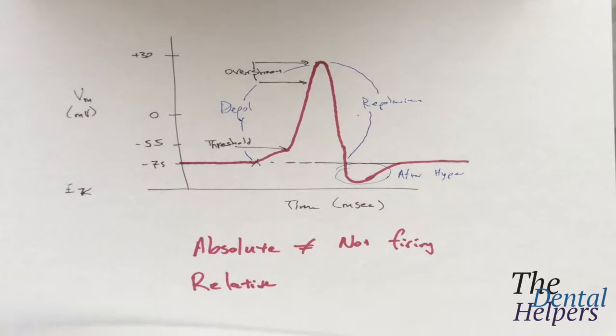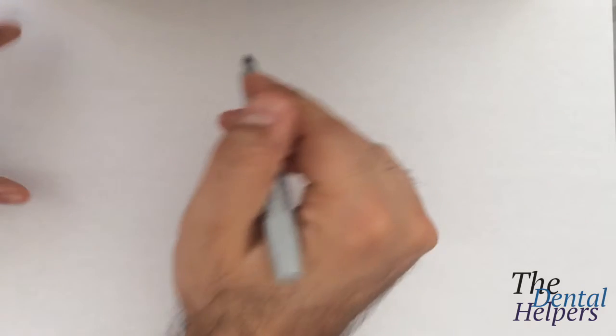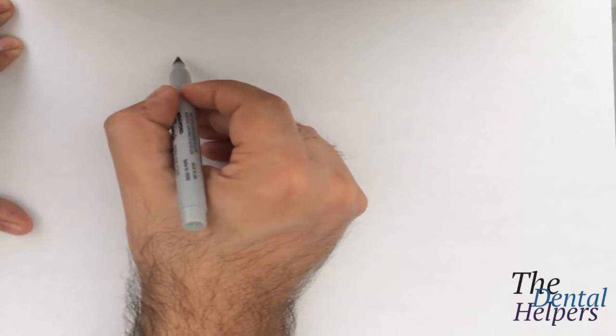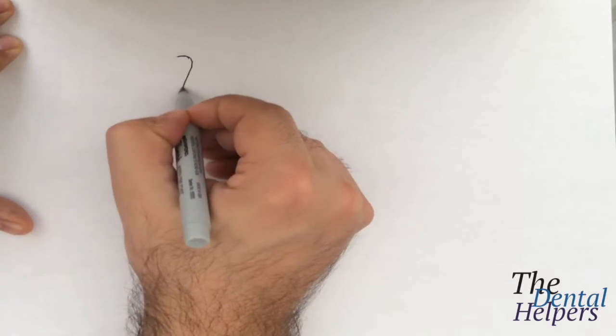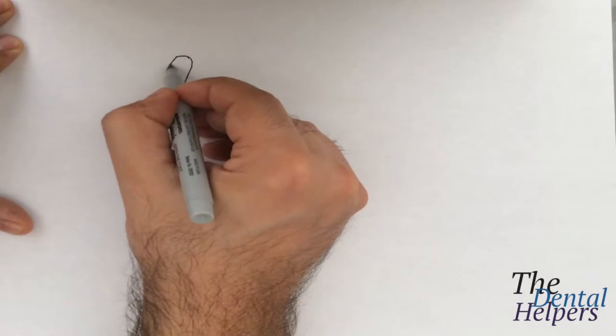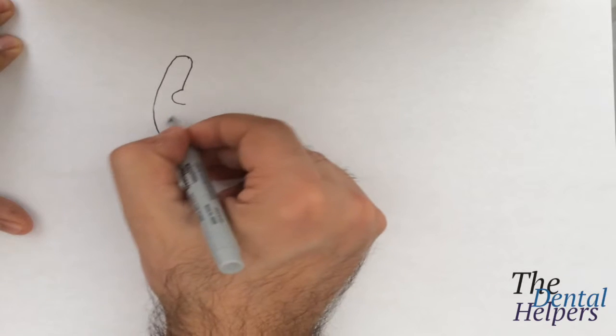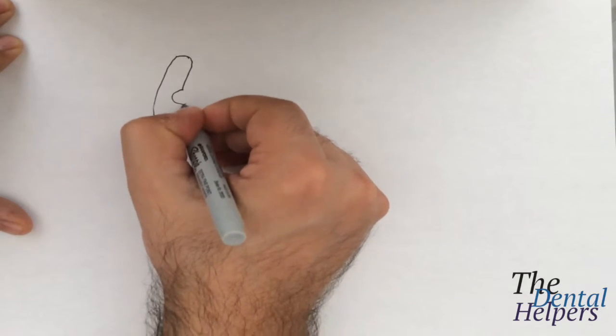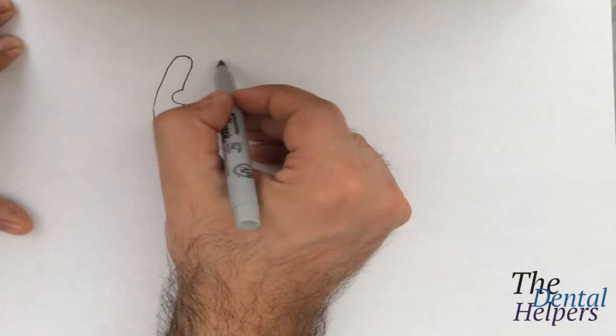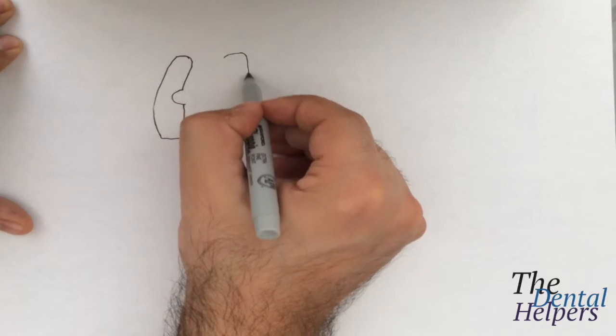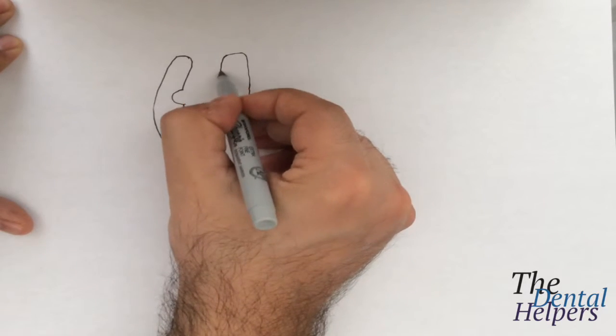So now let's look at what the sodium channel looks like. Basically what we have is a channel that is comprised of two gates.